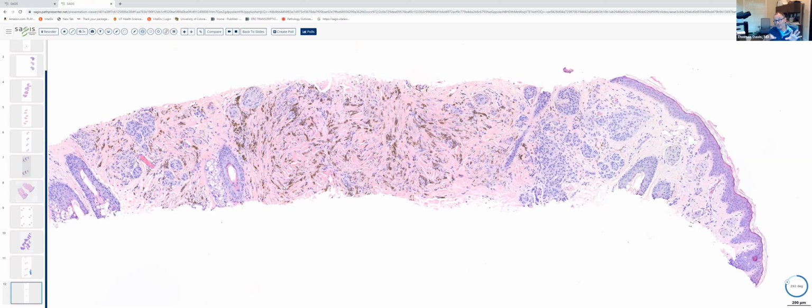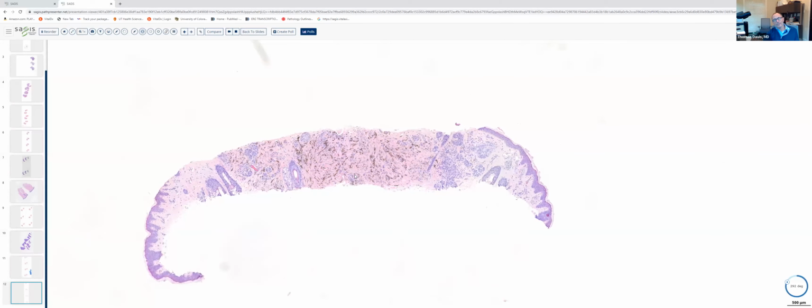So anyway, all possible combinations are possible, and in actuality, a deep penetrating nevus is frequently a combined nevus with a combination of banal nevus and what looks oftentimes like a cellular blue nevus. So anyway, this is a combined melanocytic nevus.